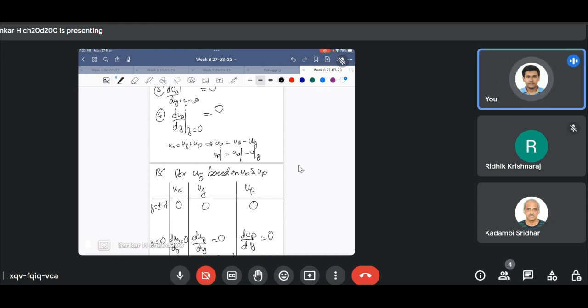It also implies that the derivative of the particular function with respect to y or z should be equal to the derivative of the actual function with respect to y or z minus dug by dy or dz.